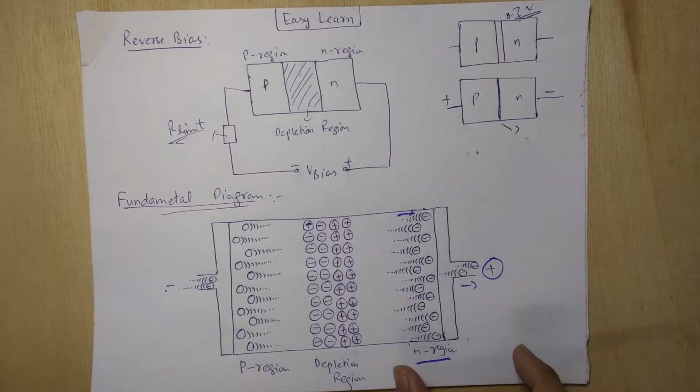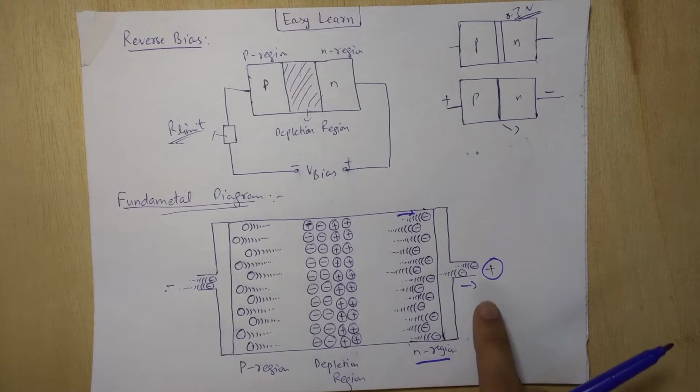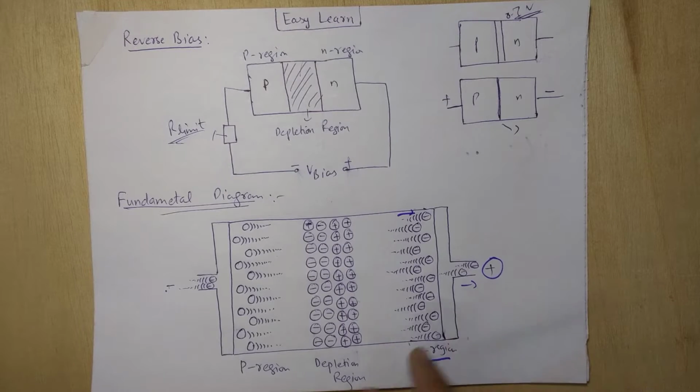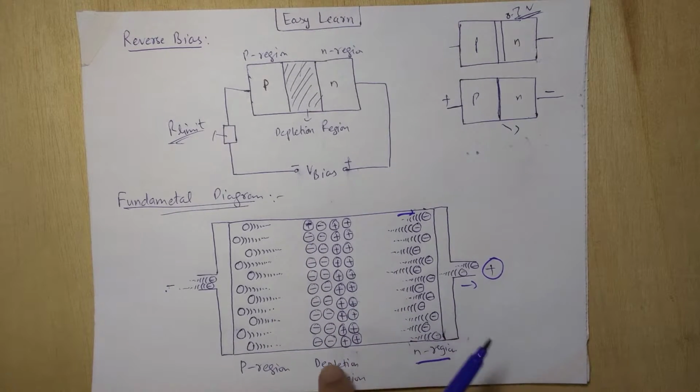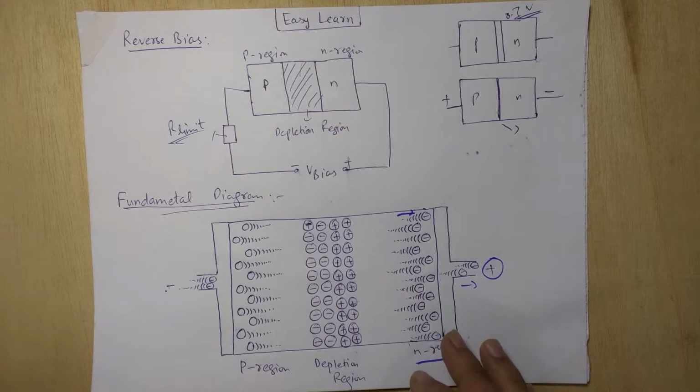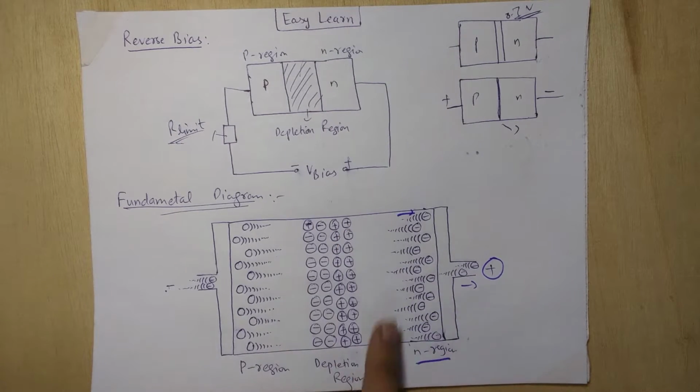Majority carriers in the N region are moving toward the positive terminal, away from the P-N junction. This is the P-N junction, and they are moving away from it. As the electrons flow towards the positive side of the voltage source, additional positive ions are created.